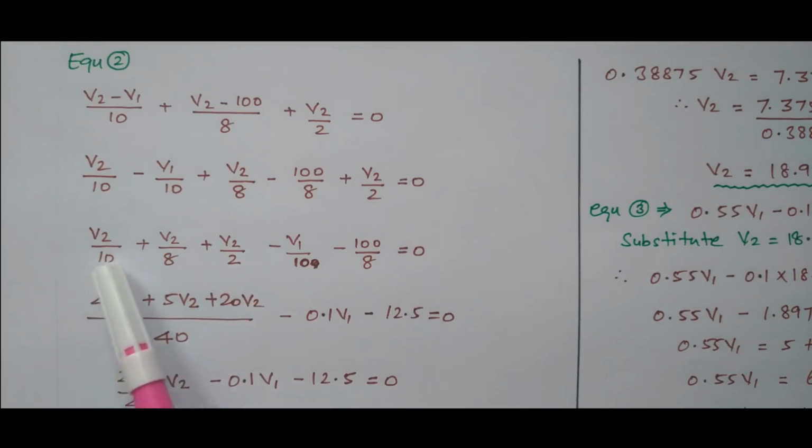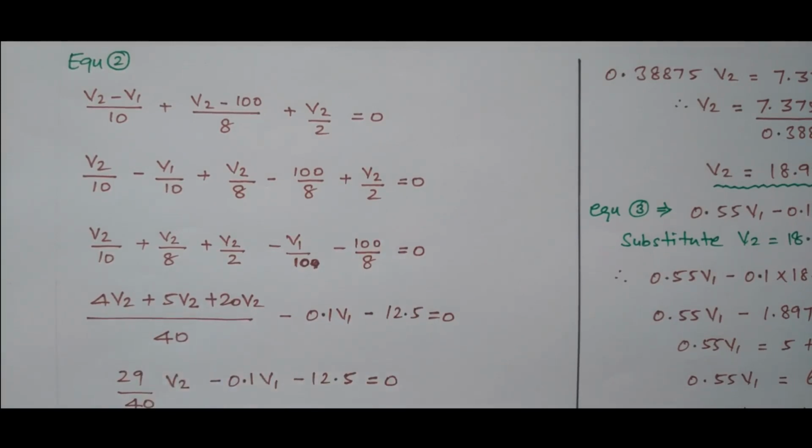In 40, 10 goes 4 times, so 4V2. In 40, 8 goes 5 times, so 5V2. In 40, 2 goes 20 times, so 20V2. So this is a normal LCM. Then V1/10 can be written as 0.1 V1, and 100/8 can be written as 12.5.